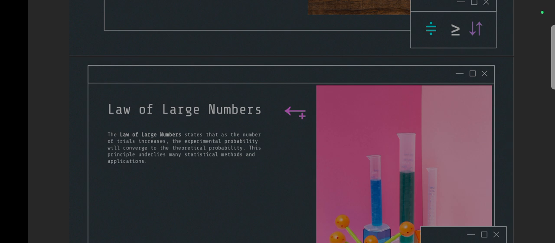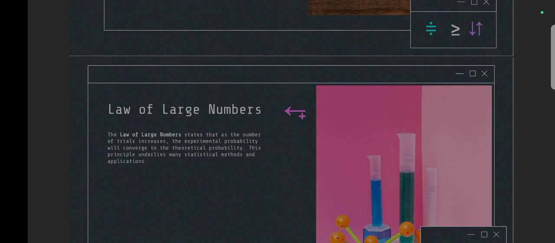Practical implementations: if you flip a coin many times, the proportion of heads will converge to 0.5. If you roll a die repeatedly, the average will converge to 3.5, the expected value for a fair die.